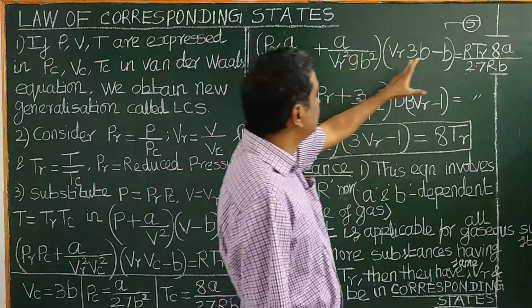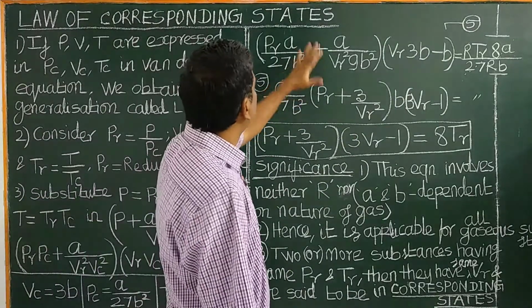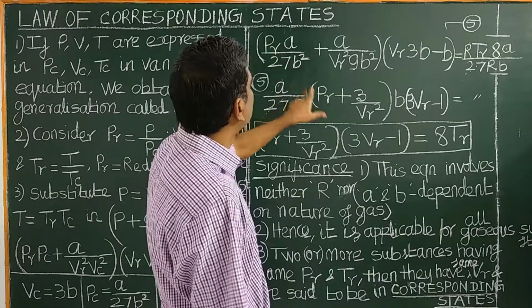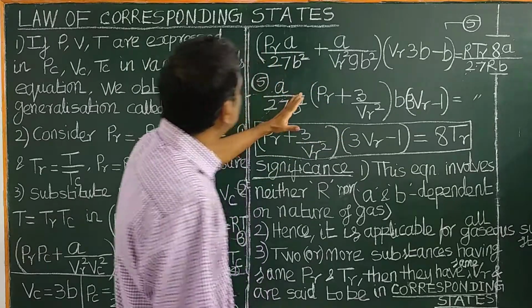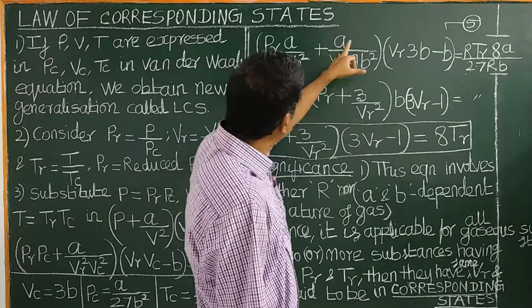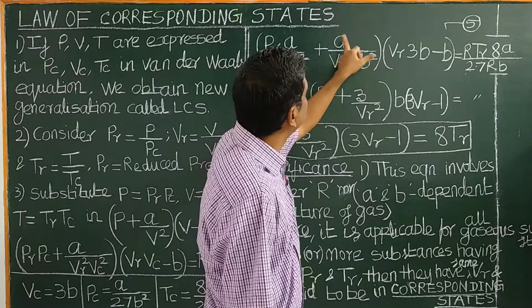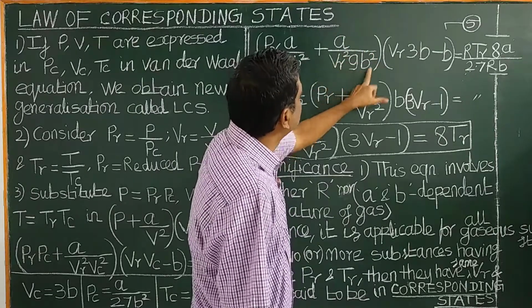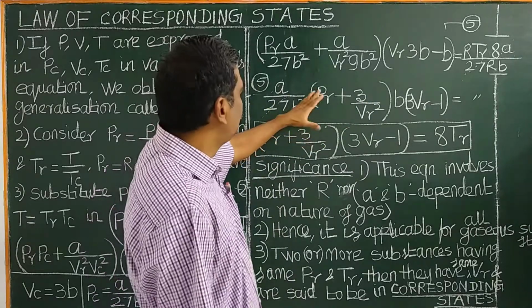Now this is equation number 5. Now let us take out a by 27b square so that you will get Pr. So you multiply both the numerator and denominator by 3, 3a by 27b square. Therefore, a by 27b square will be taken out.